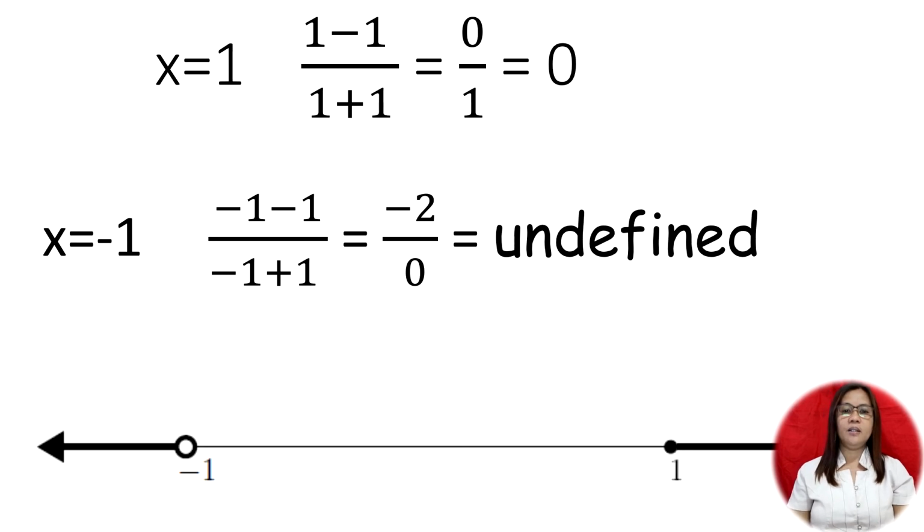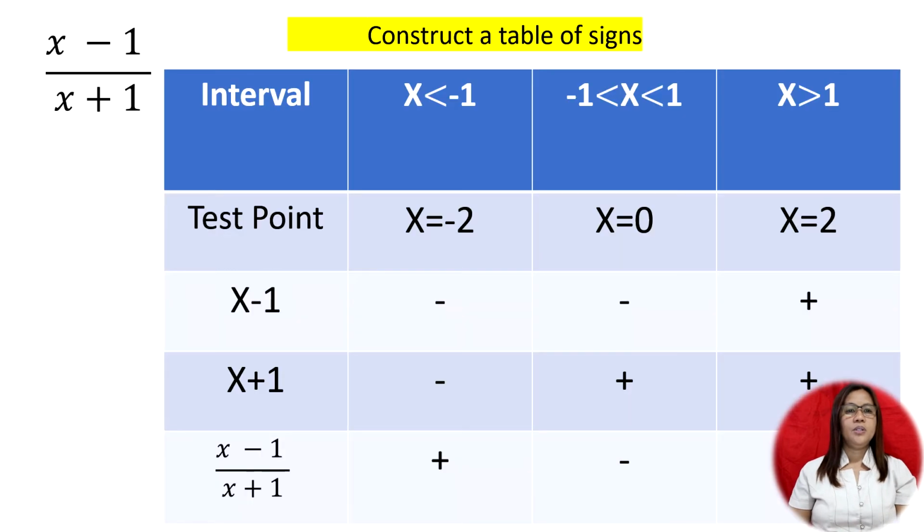Use a shaded circle for x is equal to 1 because it's a solution, and a hollow circle for x is equal to negative 1 because it's not a solution. Choose a convenient test point in the intervals determined by negative 1 and 1 to determine the sign of (x minus 1) over (x plus 1) in these intervals.